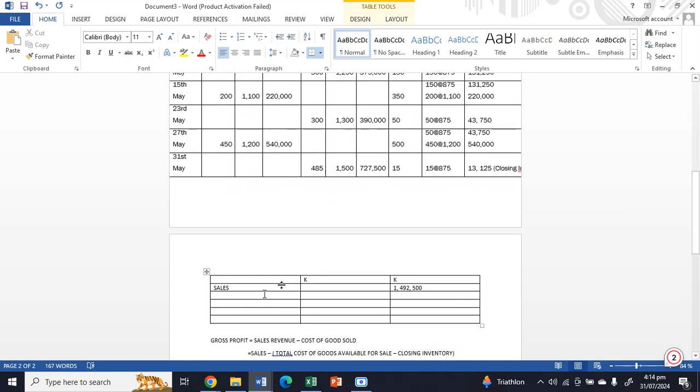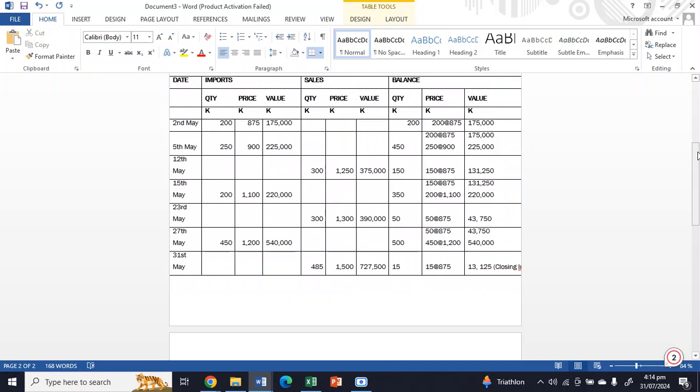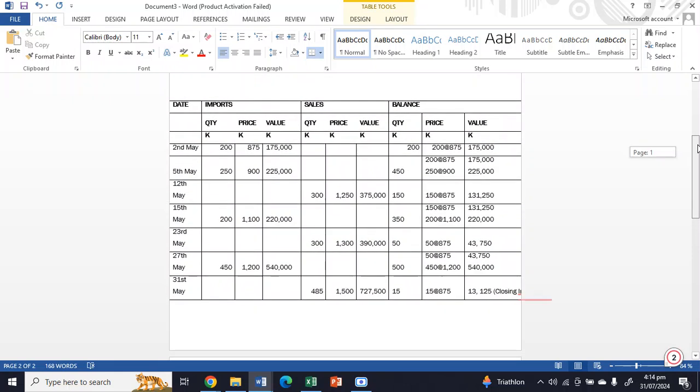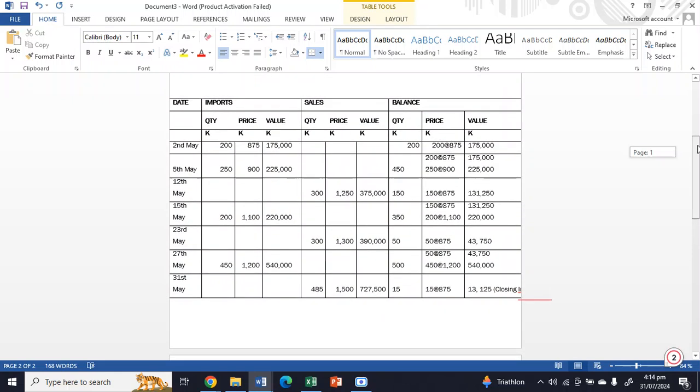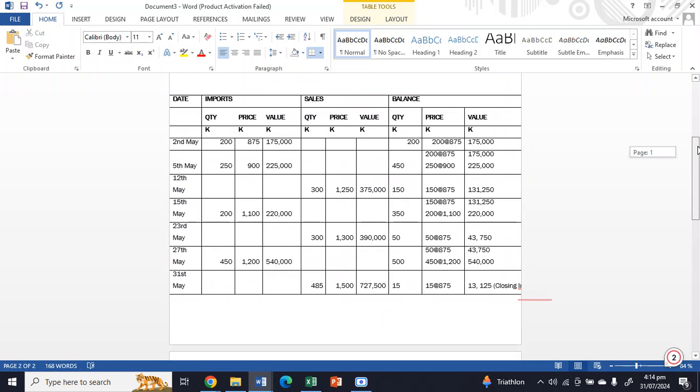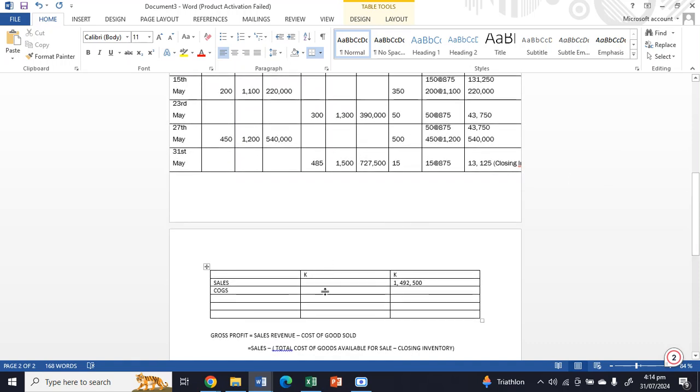Next thing we need to tabulate is the cost of goods sold. So first things first, as I said, there's no opening inventory here. So the next thing that we look for is purchases. If there was opening inventory, it would have been our first item and we would have put it here.